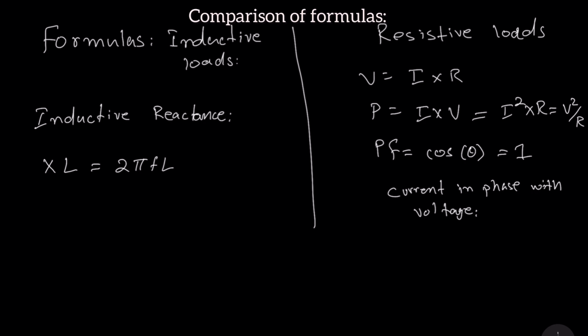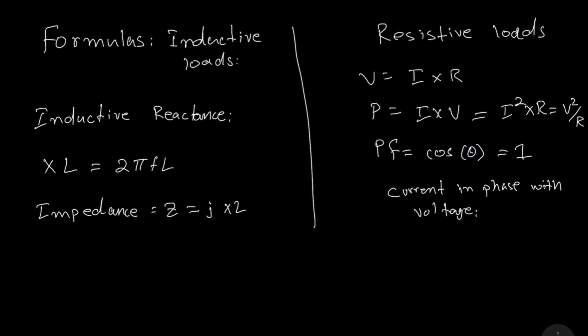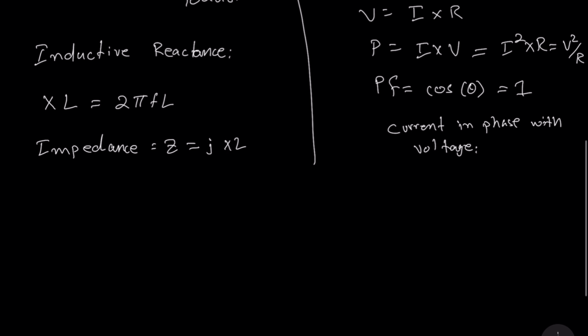Now we also have impedance. We call that Z, which equals J times XL, where J is the imaginary part and XL is the inductive reactance. Moving on to apparent power, we have a couple of different types of power.